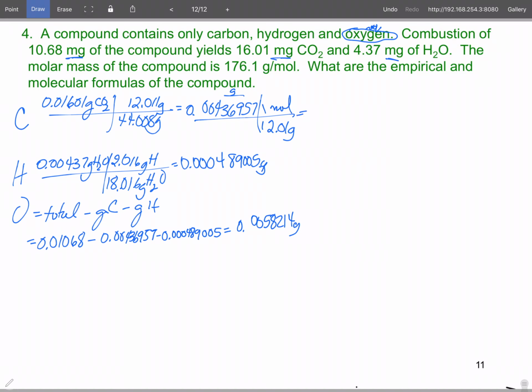So we have 3.63797 times 10 to the minus 4th. Remember I told you some of these might be really small, and that's a function of what you're working with. So we got here 4.8512 times 10 to the minus 4th.